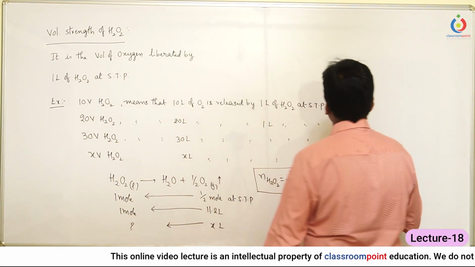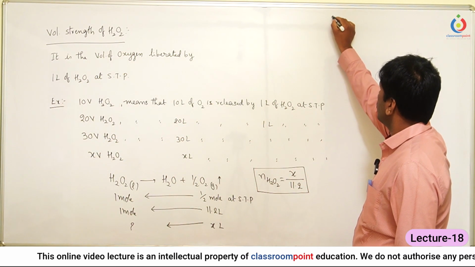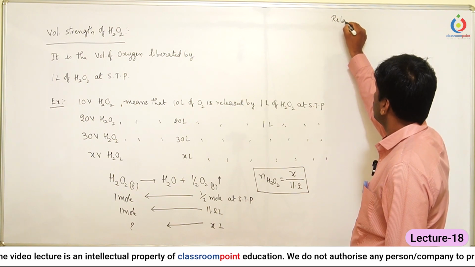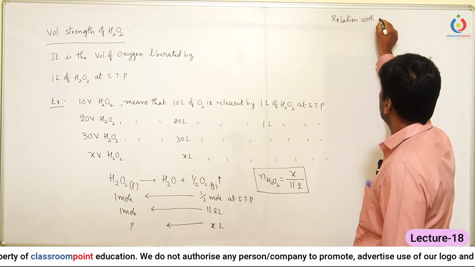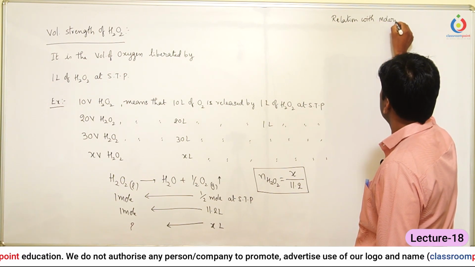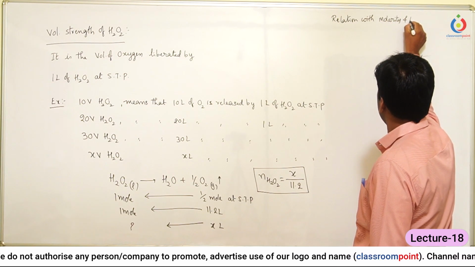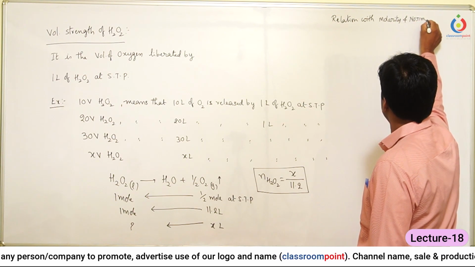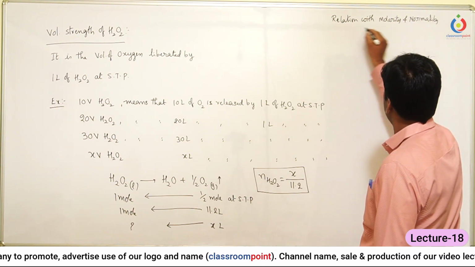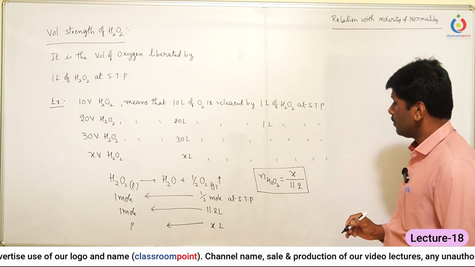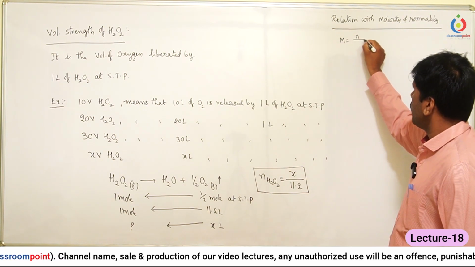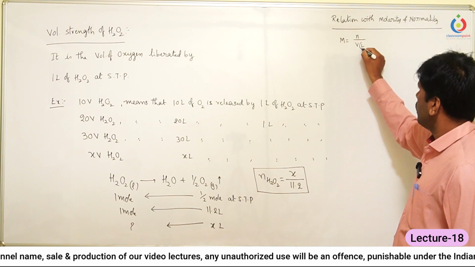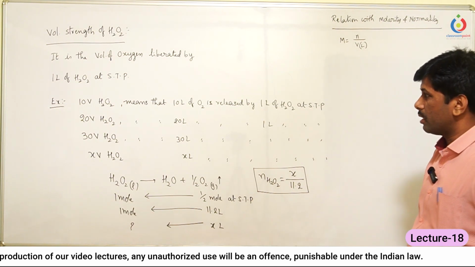Now let us see the relation with molarity and normality. We know that molarity is equal to number of moles divided by volume of solution in liters.